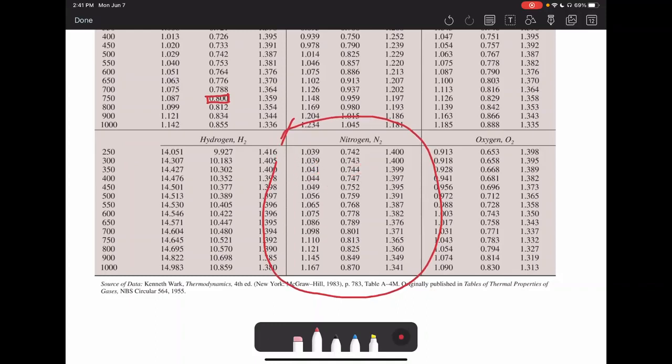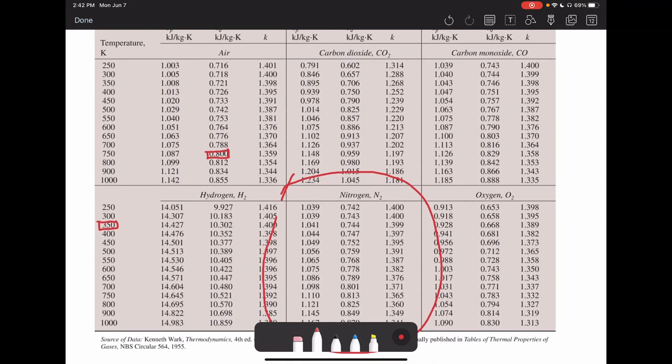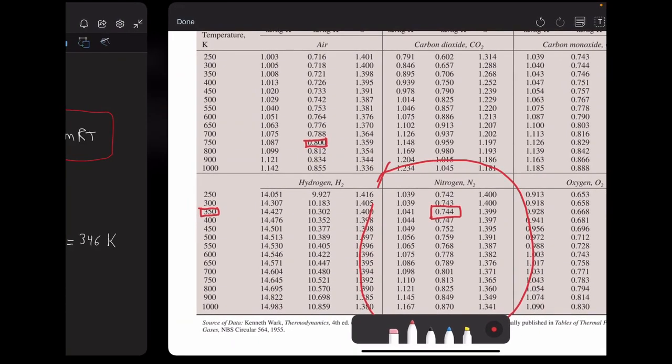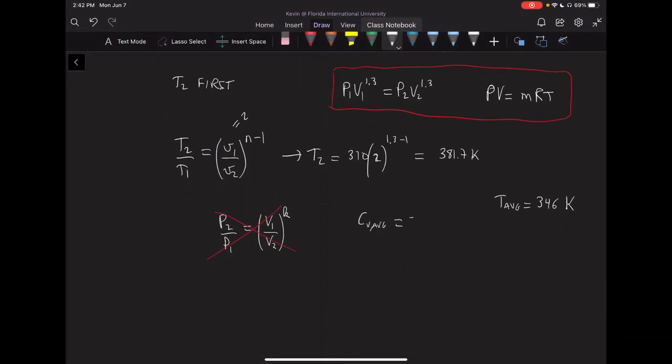We have nitrogen there, and we're looking for CV at 350. So we're looking for this value right here, which was already highlighted from a previous problem, but just to redo it, you can see that that would be the value. So CV is equal to 0.744. CV average is equal to 0.744 because that's the closest value to 346 Kelvin.